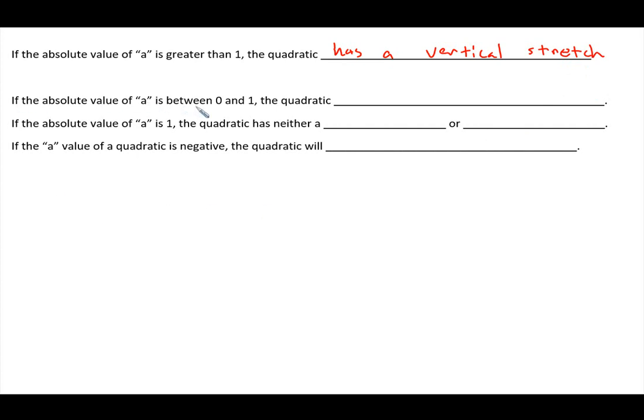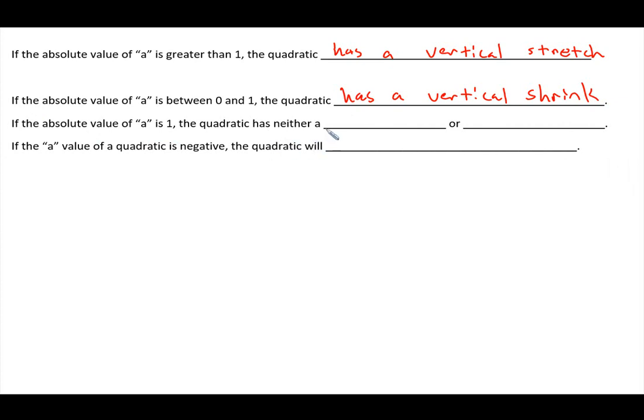If the absolute value of a is between 0 and 1, the quadratic has a vertical shrink. Okay. If the absolute value of a is 1, so if a is actually 1, it doesn't matter if it's positive or negative, then we consider it just the normal graph.